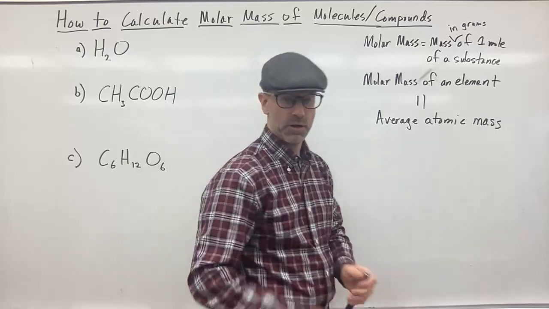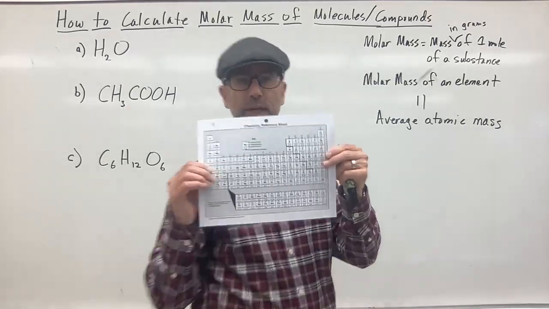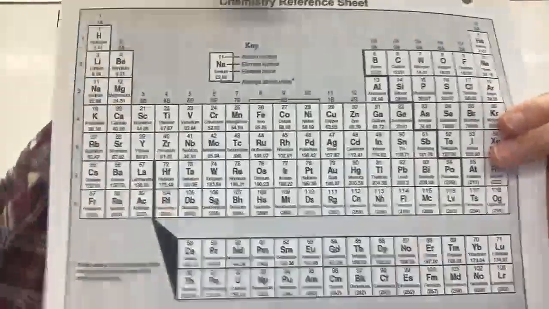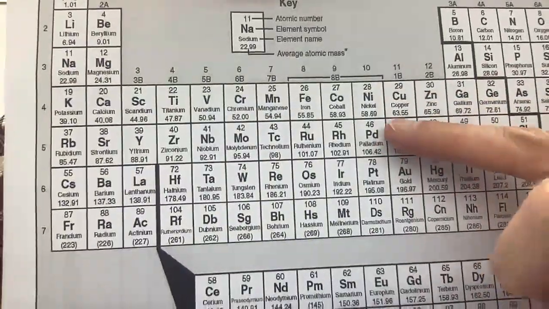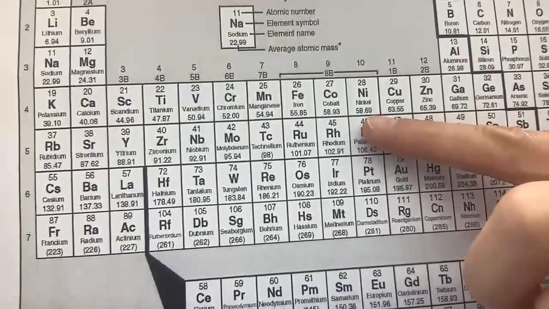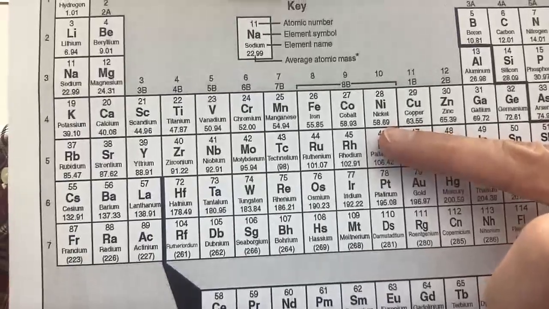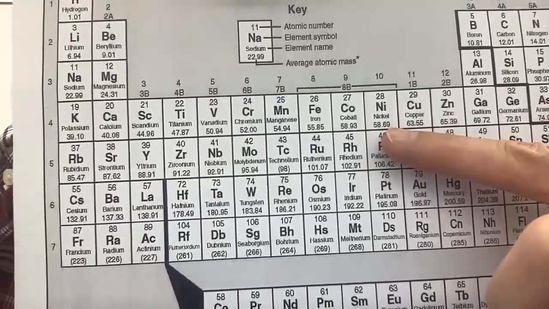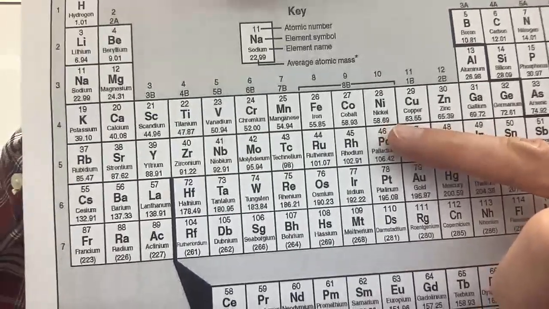If we get my periodic table here, you'll notice that you have these numbers right there below the symbol. That's your average atomic mass. That is the mass of one atom of nickel in what is called AMUs or atomic mass units.